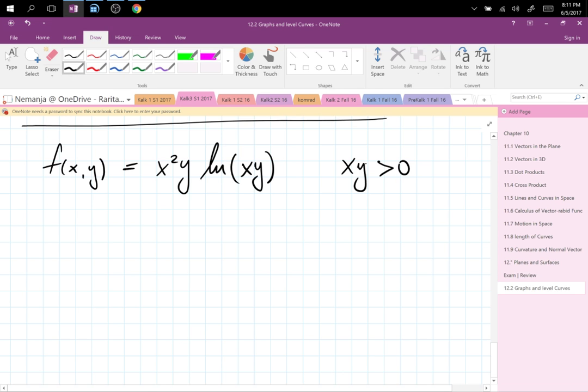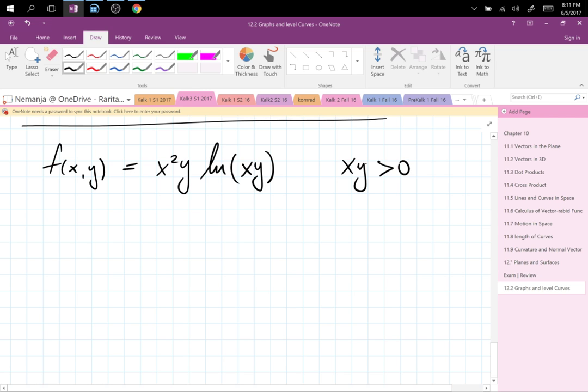You can't put equal because ln of 0 is negative infinity, undefined. So in this case, no equal like you had for the square root. So now this is it: x times y needs to be larger than 0. The product of the two needs to be larger than 0.